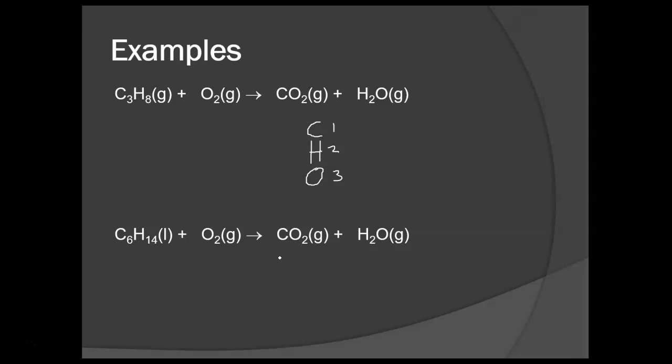Do it in that order, and you should be able to do it. You may have to go back, and you could start with 1 of your hydrocarbons here, see how it works out. If you can't seem to use a whole number coefficient to balance the oxygens, then you might have to double your hydrocarbon.